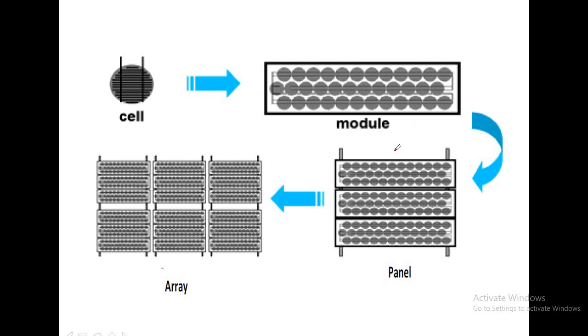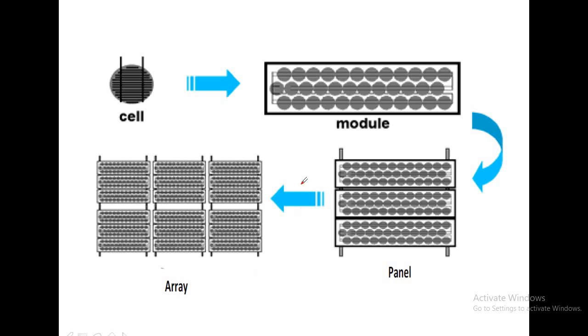And from modules we can construct panels. Panels are nothing but a combination of modules. If one or two modules are connected as shown, then a panel is formed. From panels, we can develop a complete power generating unit that is called an array.